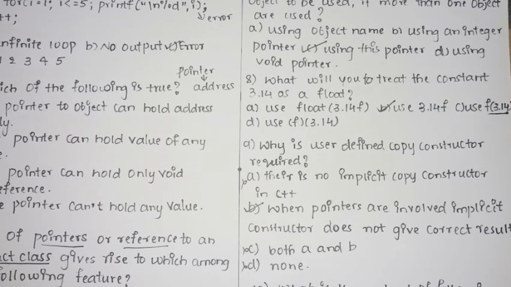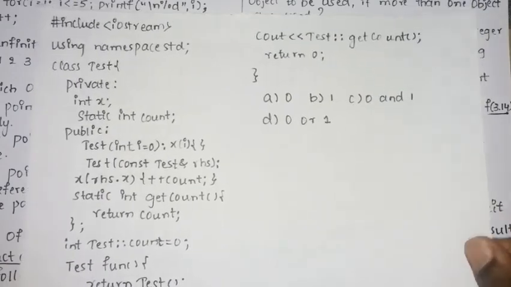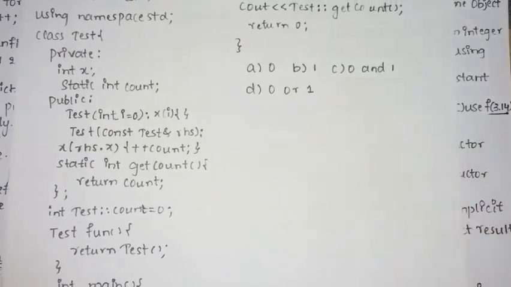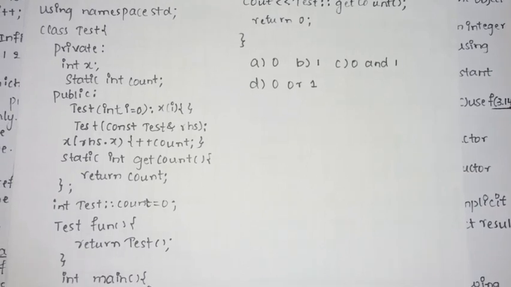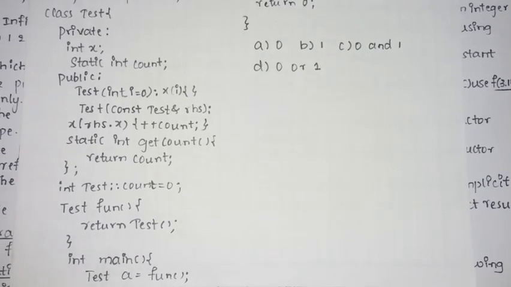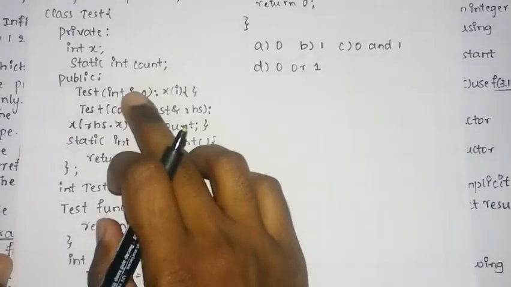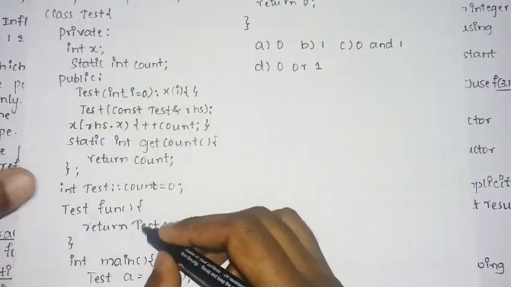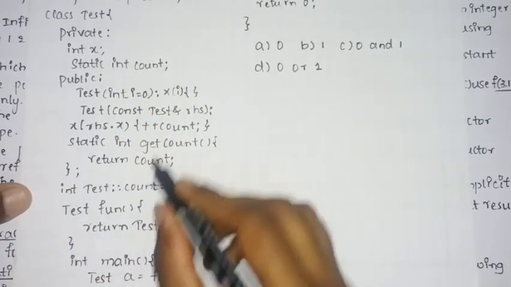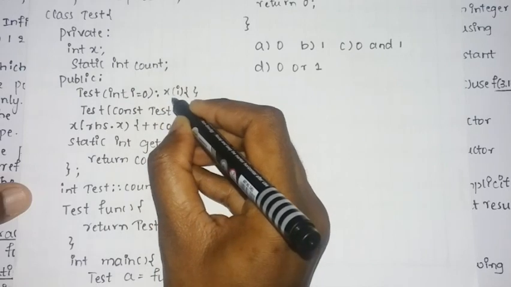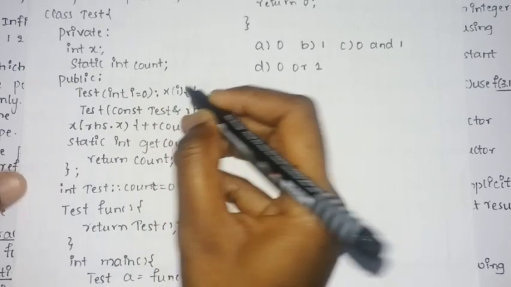So next is the 10th one. What is the output of the following code? Using namespace std, class test, private. Start with the main function: int main, then test a, calling a function. Where is the function? Here is the function, it returns test. Test(int i = 0) : x(i).